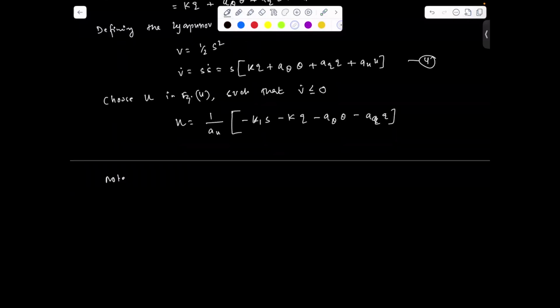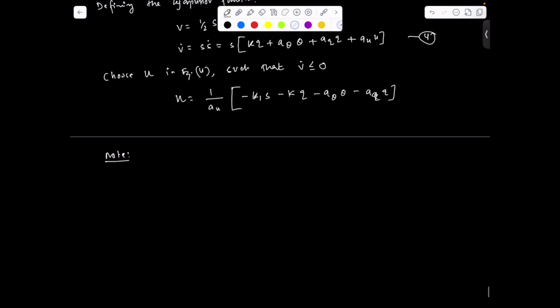Note: assume that the plant parameters, here basically k, A theta, AQ, and AU, are unknown.